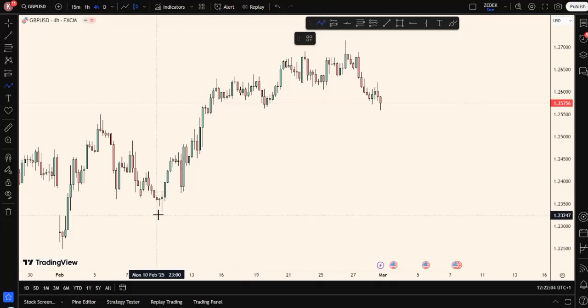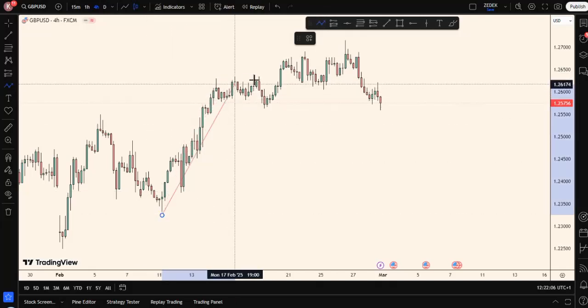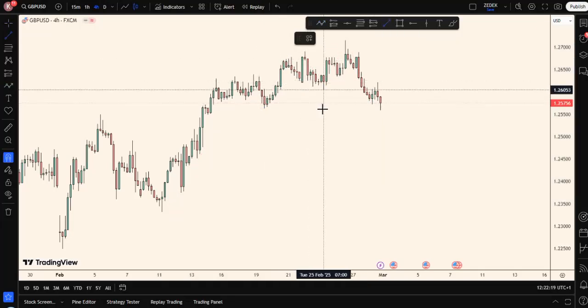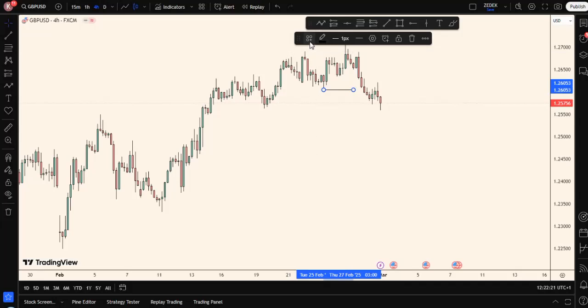So I will now identify my structures. I can see this, and then price came down to break this level, which now I know that price is on a downtrend for my H4 time frame. So my H4 is bearish.